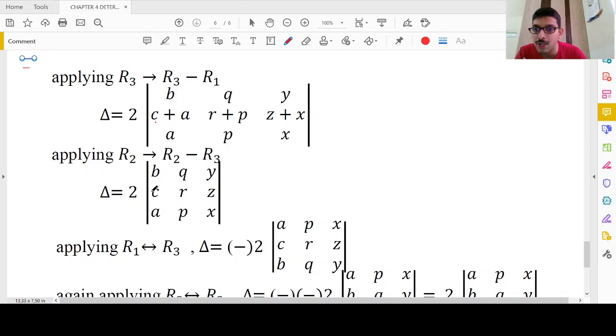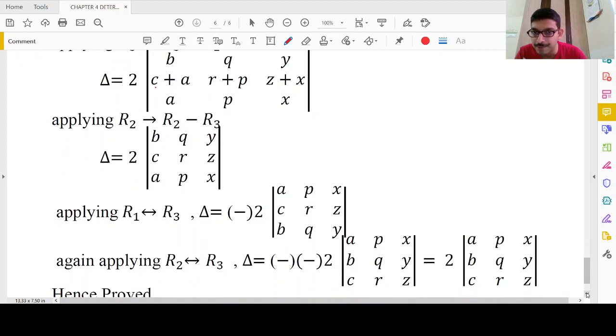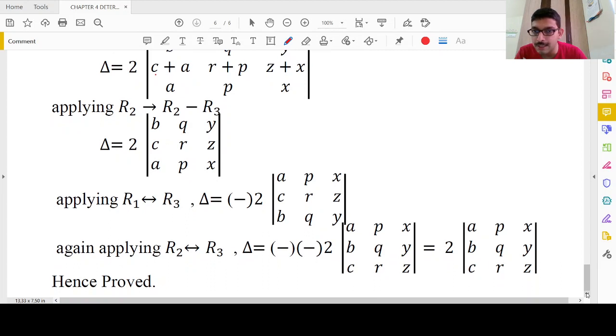Now we got delta equal to 2 times determinant BQY, CRZ, APX, but we are asked to prove that it is 2 times determinant APX, BQY, CRZ. If you interchange R1 and R3, it will become APX, CRZ, BQY. But since we are interchanging two rows, there will be a negative sign, because using the properties, if you interchange any two rows, the sign of the determinant changes.